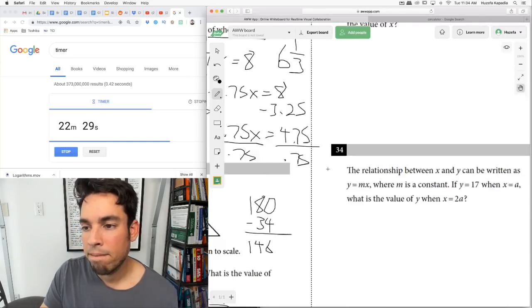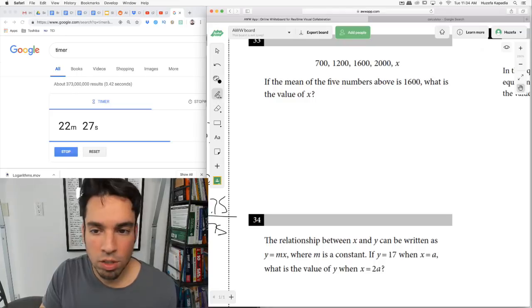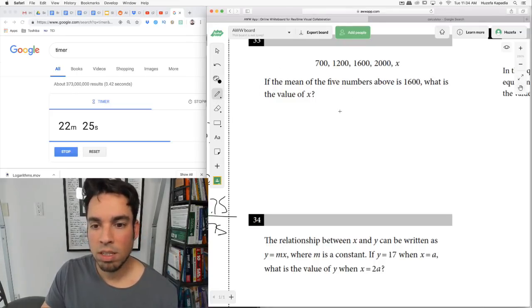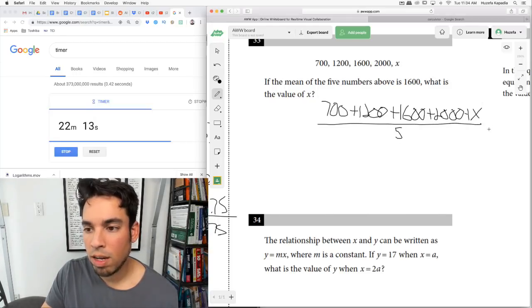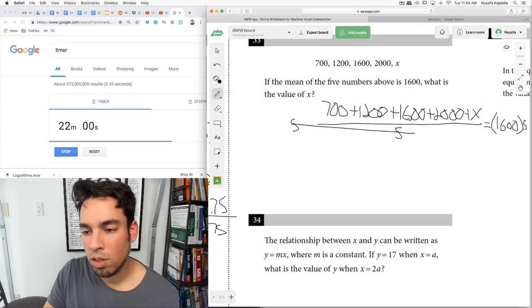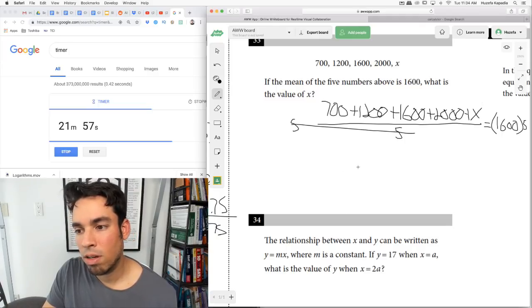Next. See how these are a little bit easier, right? The mean of these numbers is 1600. What is the value of X? Check it out. How do we calculate mean? We add up everything divided by the number of numbers there are, which are 5, and it's equal to the mean, right? So now we solve by multiplying both sides by 5. And we have 1900, 2900, 3500, 4500, 5500.